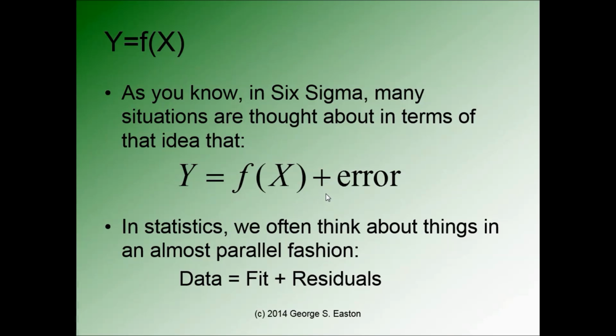In statistics, we often think about things in a very similar fashion, but the way we generally say it there is that the data is going to be equal to fit plus residuals. And this, of course, is what you have used when you have used least squares regression to fit a data set. In that case, the data is equal to a least squares fitted line plus the residuals.